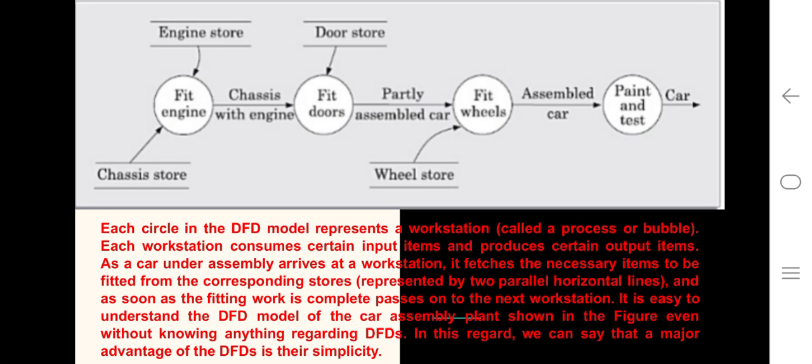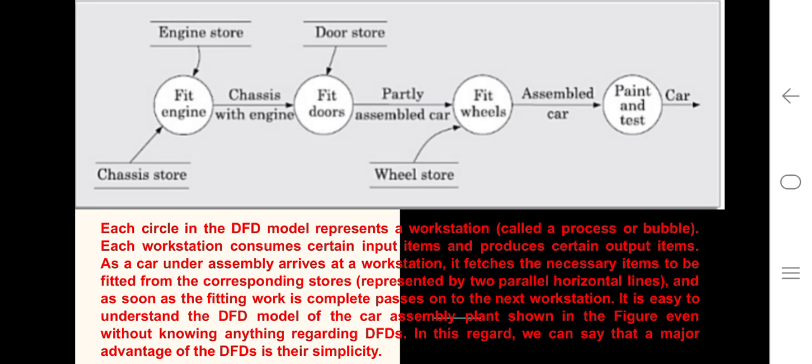I hope you can observe the representation of two parallel horizontal lines in the diagram. It represents that the necessary items to be fitted come from the corresponding stores. As per the requirement, we have considered the chassis store and engine store in order to fit the engine.